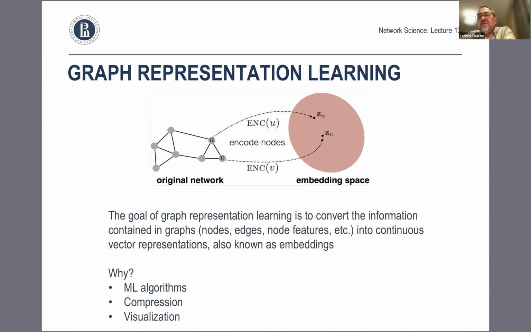And in some sense, drawing graphs, or assigning coordinates to nodes, is already an embedding process, right? You're just embedding in 2 dimensions. And when we do that, we of course lose a lot of information. So what we want to do is find out how to embed a graph in a dimension of any size.